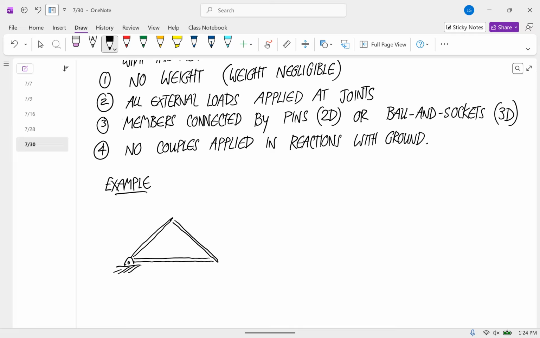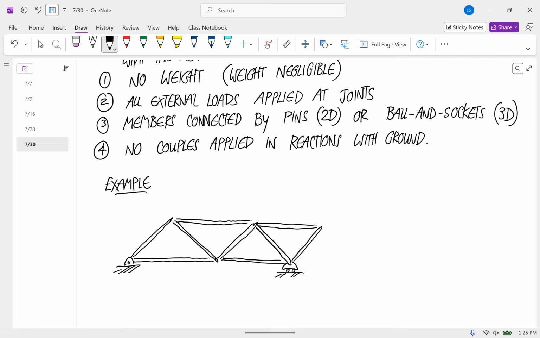So imagine little dots at all these connection points. Okay, and then let's say that there's a roller here.